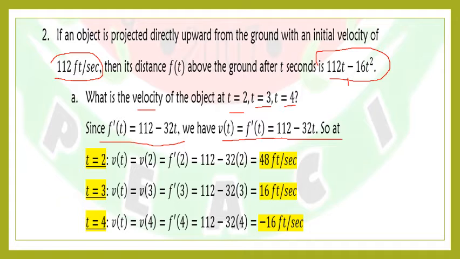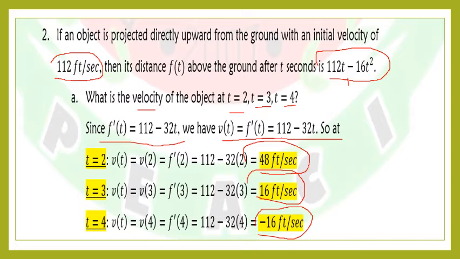Okay, substitution lang po. Replace t by 2. So, we get 48 feet per second. And then, at t equals 3 naman, ang velocity na ma-obtain natin is 16 feet per second. And then, at t equals 4, that is negative 16 feet per second.